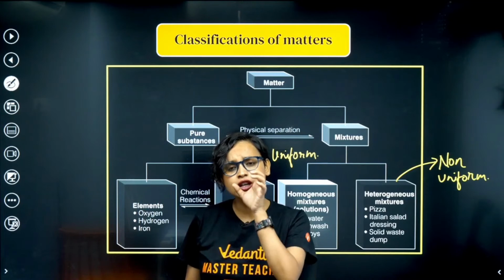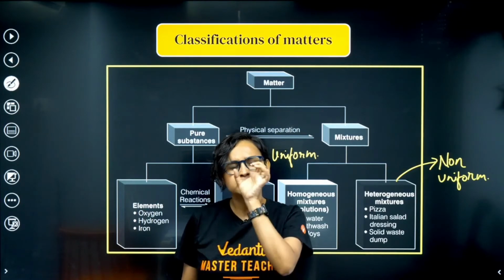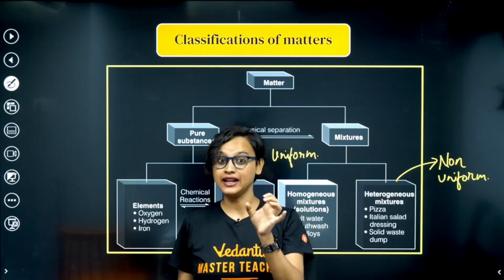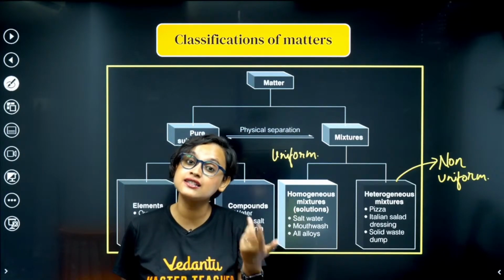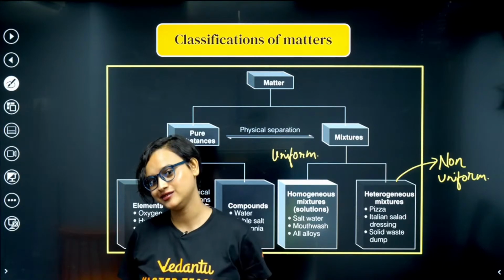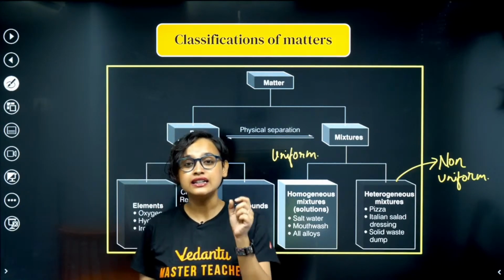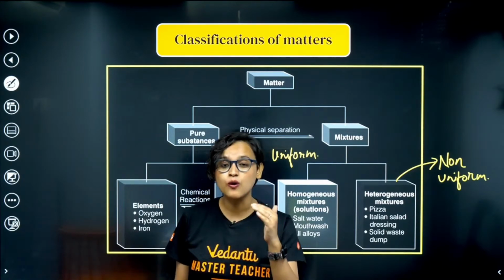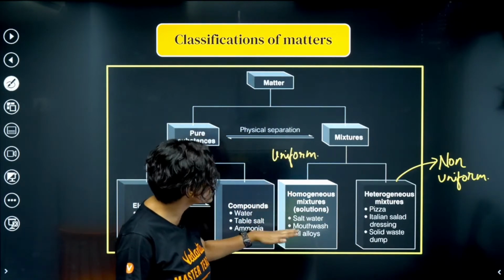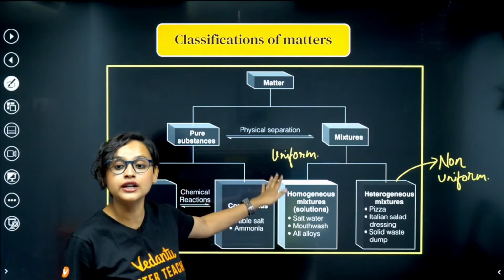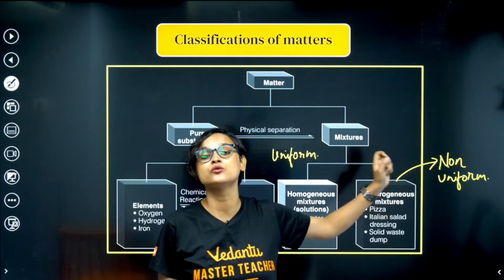If you take 1 glass of lemonade, does it happen that it is very salty, very sweet, very sour every sip? Does the taste change? No, not at all. The taste remains the same throughout the glass. That means there is uniformity. So in case of homogeneous mixtures, you will find uniformity, whereas in case of heterogeneous mixtures, you will not find any uniformity.